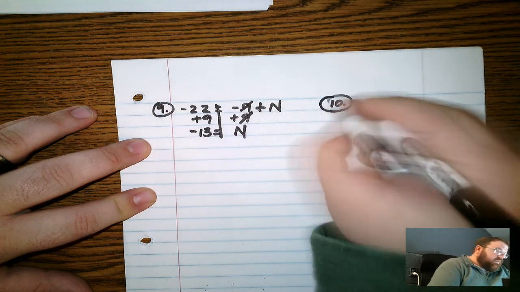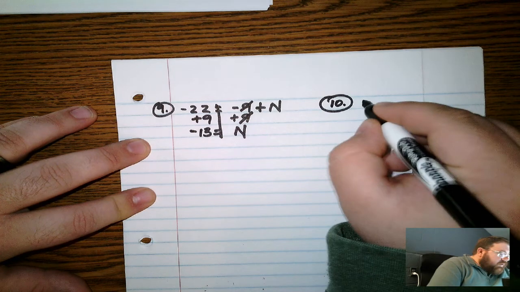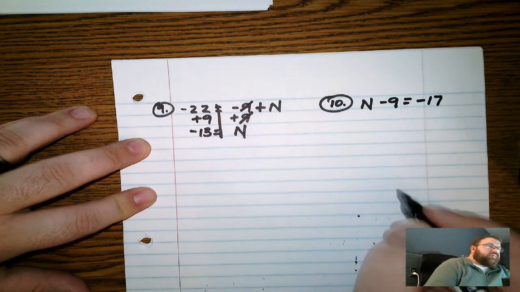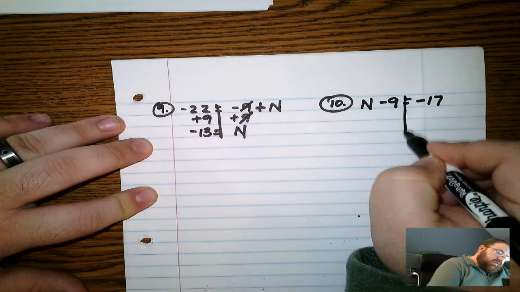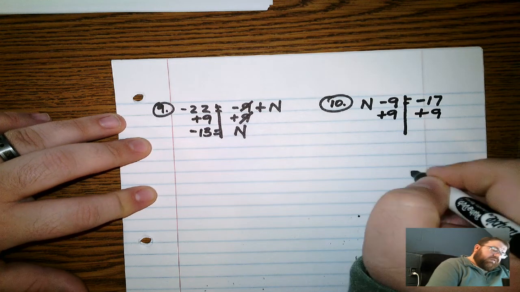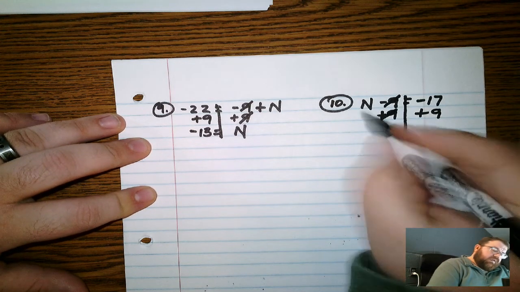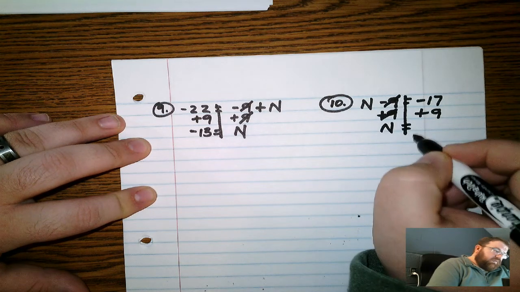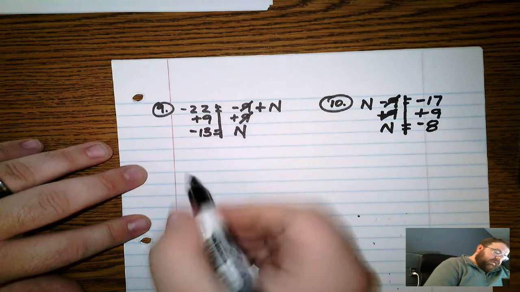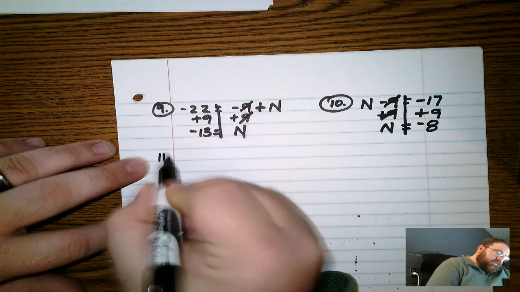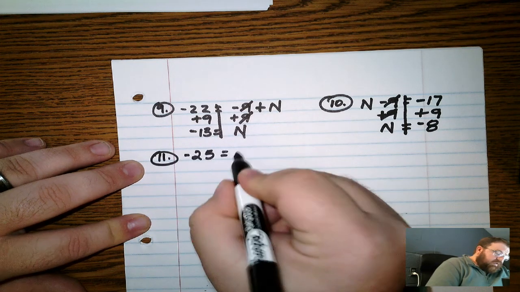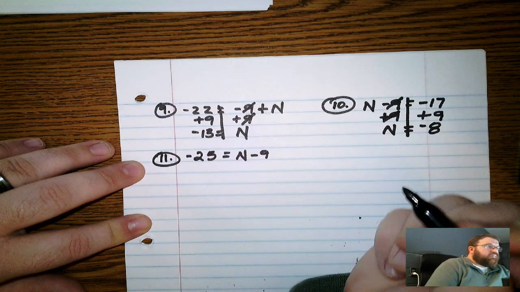Number 10 is n minus 9 is equal to negative 17. I draw my line. I add 9 to both sides. The 9's cancel. n is equal to negative 8. Number 11 is negative 25 equals n minus 9.